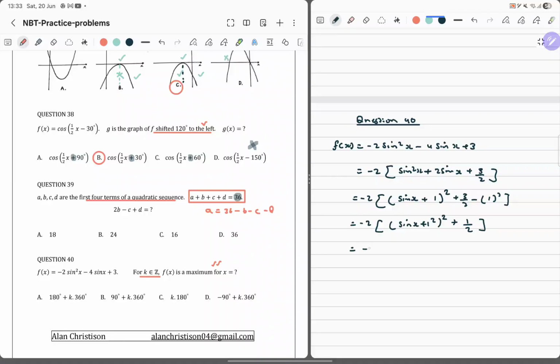And then we redistribute, so this is minus 2 into sine x plus 1 all squared plus minus 1.